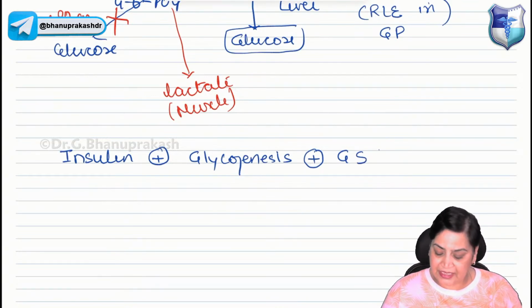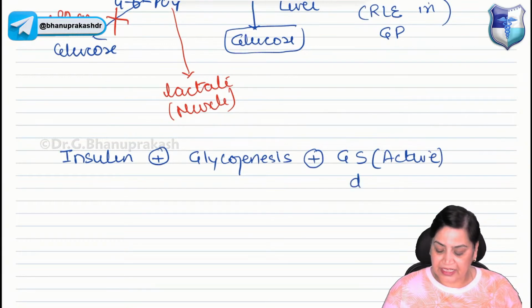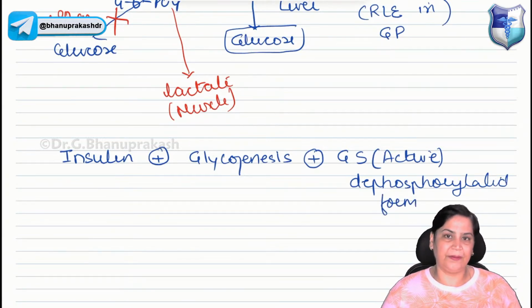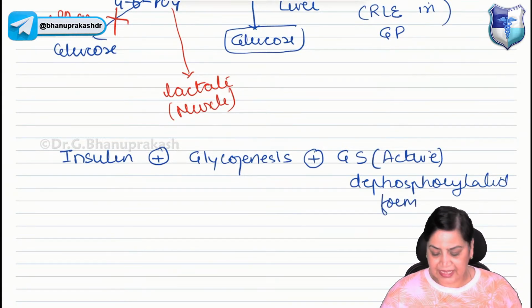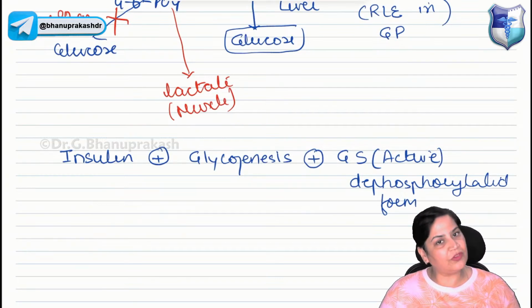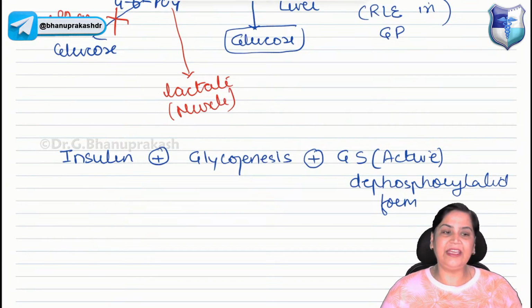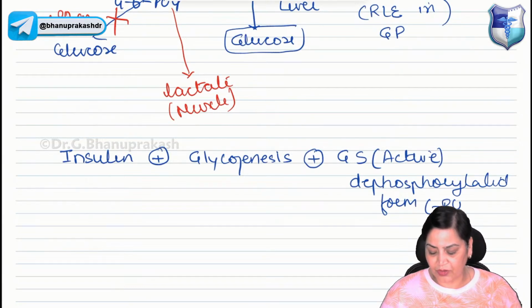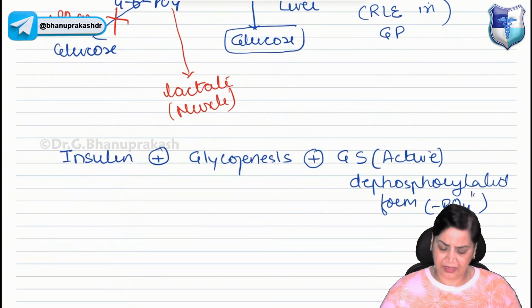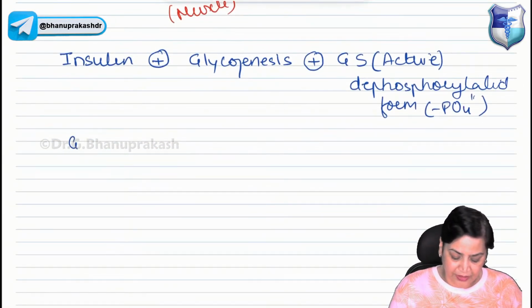So it makes glycogen synthase active in its dephosphorylated form. This is what we discussed yesterday. Okay, so I can say that this active form of glycogen synthase is dephosphorylated, and D means removal, so it is without phosphate. Very, very important.